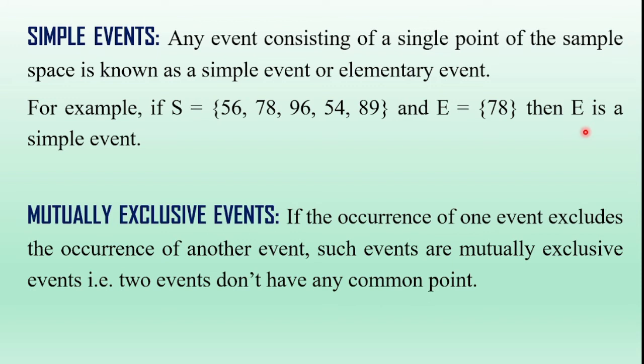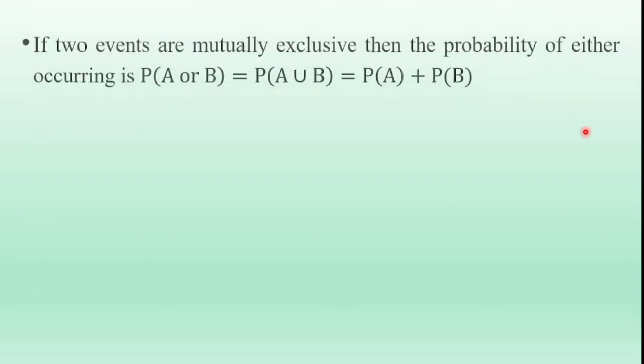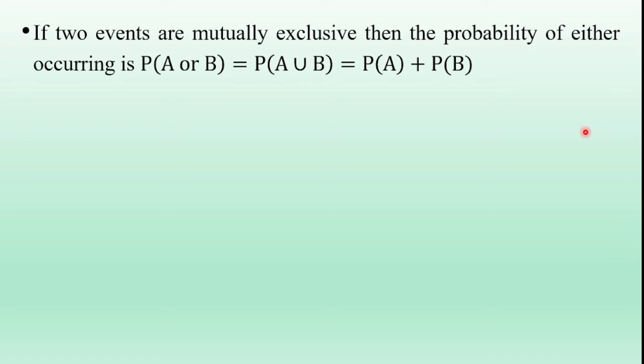Before going to the example, consider two events, A and B. If two events are mutually exclusive, then the probability of either occurring, the probability of A or B, also written as A union B, is equal to probability of A plus probability of B.